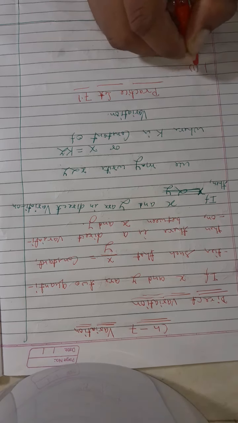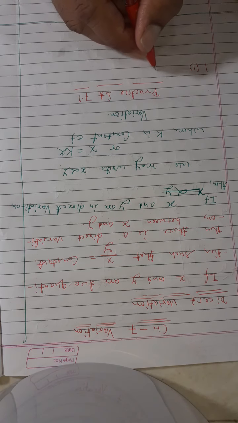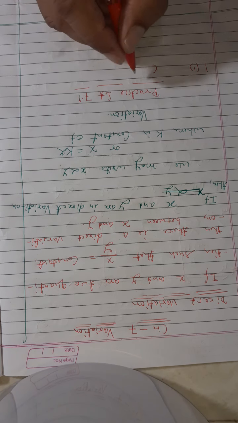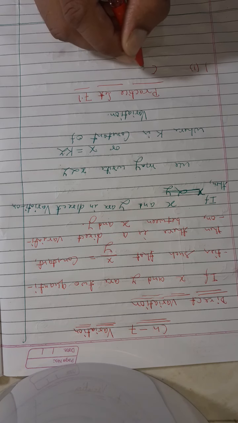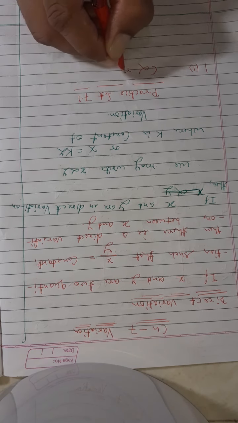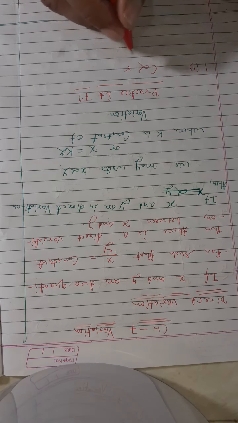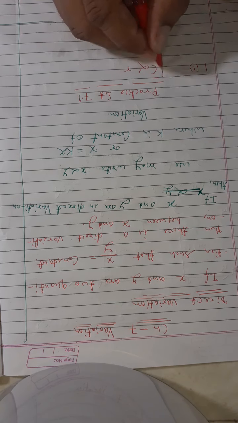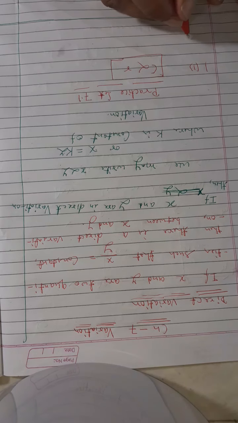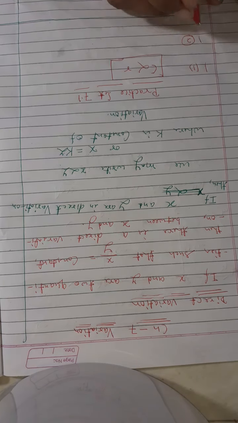First question: circumference C of a circle is directly proportional to its radius. So C proportional to R. Clear? So first question completed. Now come to the second question.